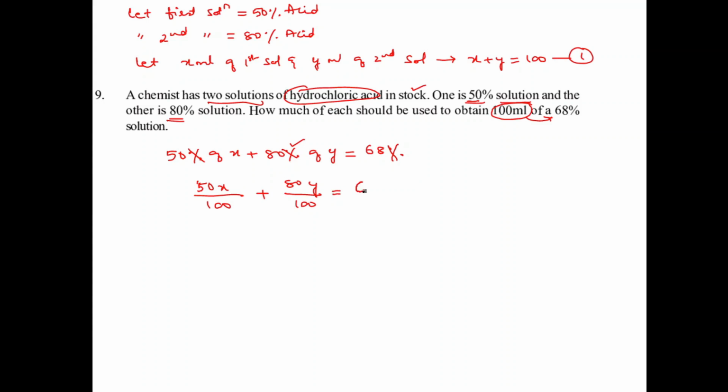So this should be 68 only, right? If you divide this, I'm left with x by 2 plus 4 times y by 5 equals 68. Isn't it? This also divides out, right? Good.